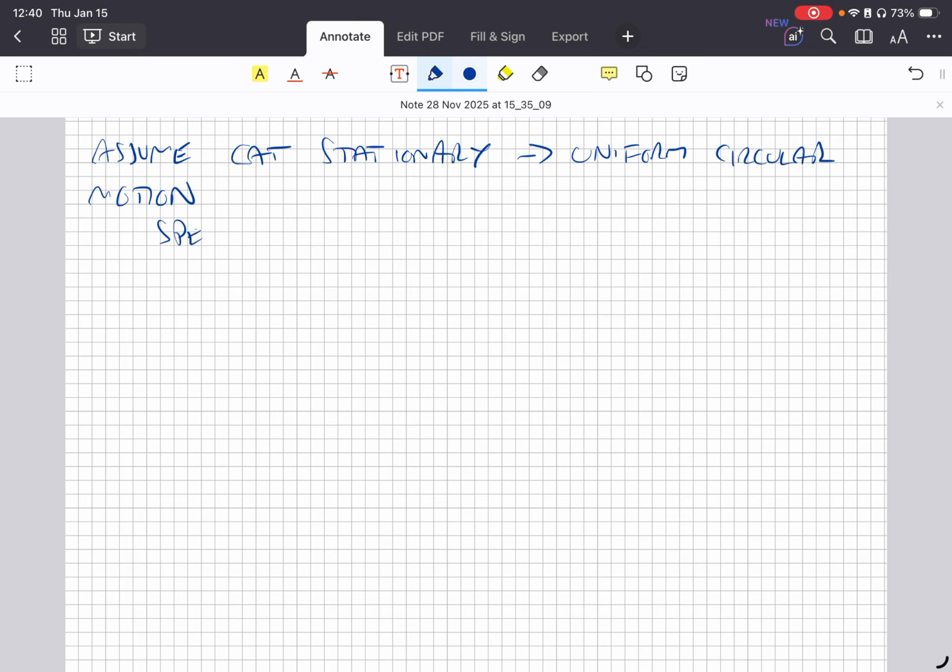So the speed of that rotation is going to be given by, well, what's the linear distance traveled in a circle? The angle that we sweep out if we do a full circle is 2 pi radians, and so the distance traveled is 2 pi times the radius. That's the linear distance traveled.